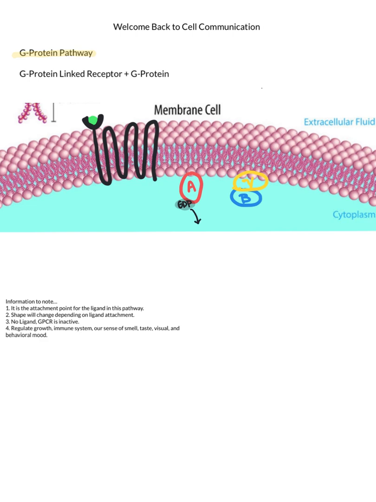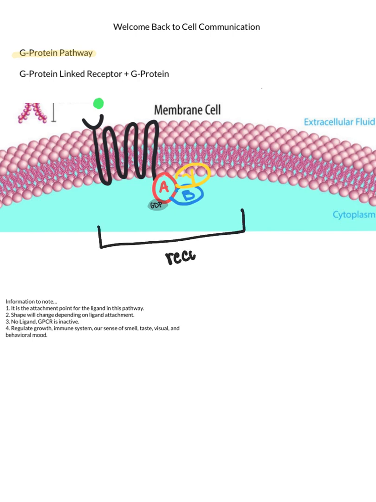The GDP also creates a phosphate when it is converted, and the ligand is removed. The alpha subunit comes back together with the receptor and the beta and gamma subunits. And as you can see, this whole process is back to its original state or recycled.